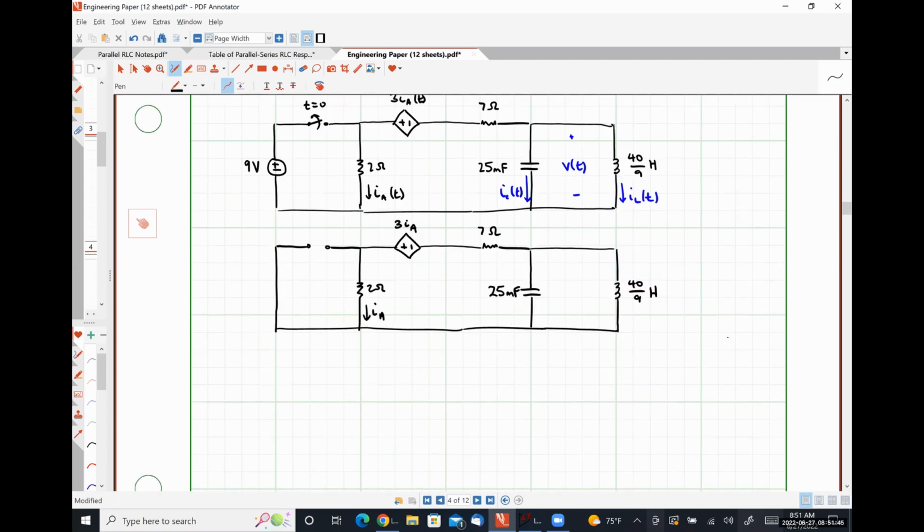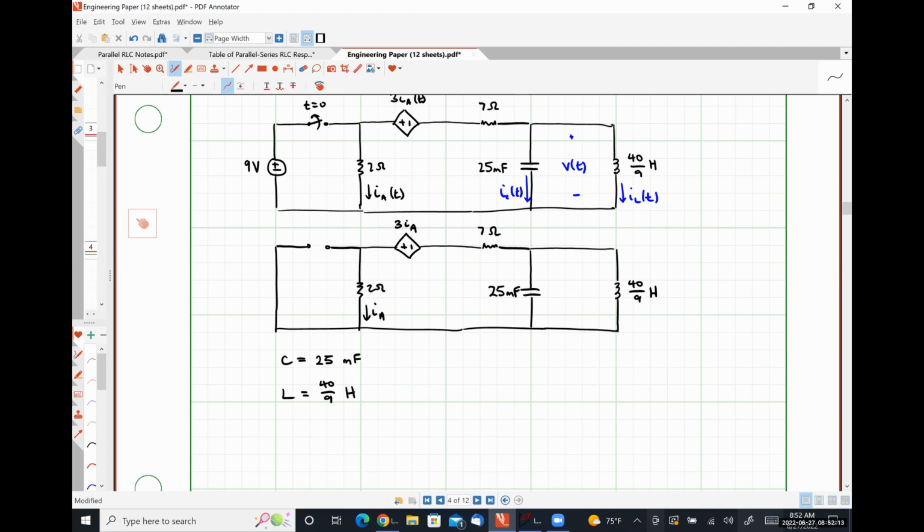So pretty easily, I can say that my capacitor value for this parallel RLC circuit is 25 millifarads, and the inductor value for this parallel RLC circuit is 40/9 henries. What is harder to determine is our equivalent resistance.